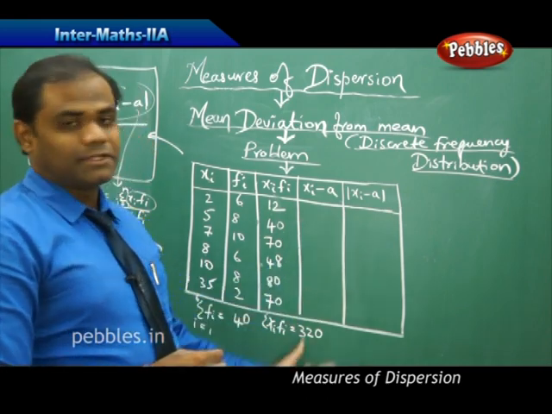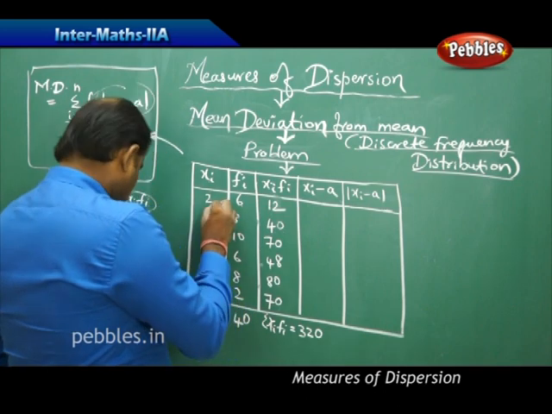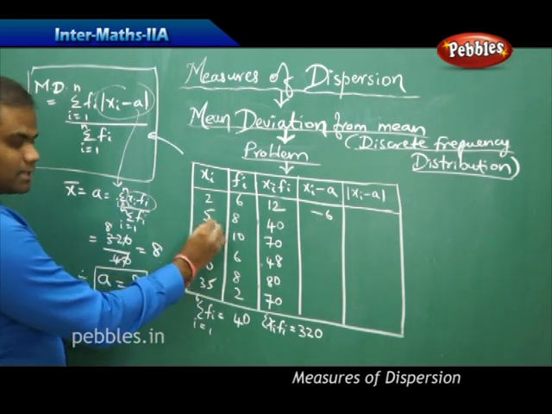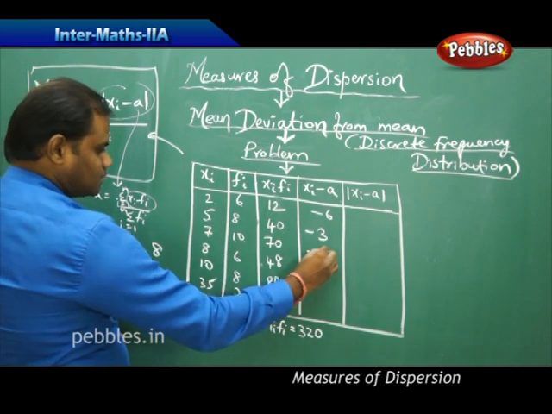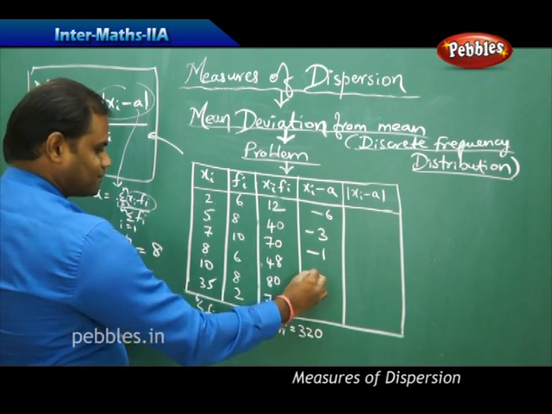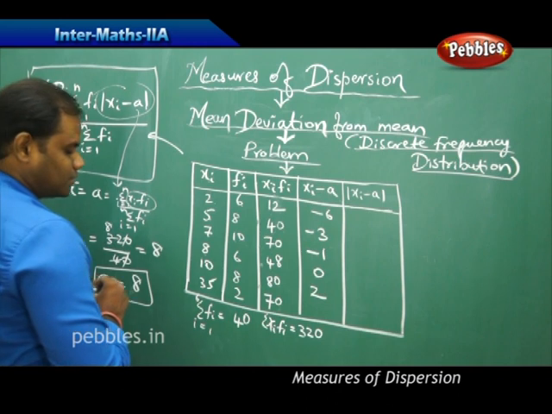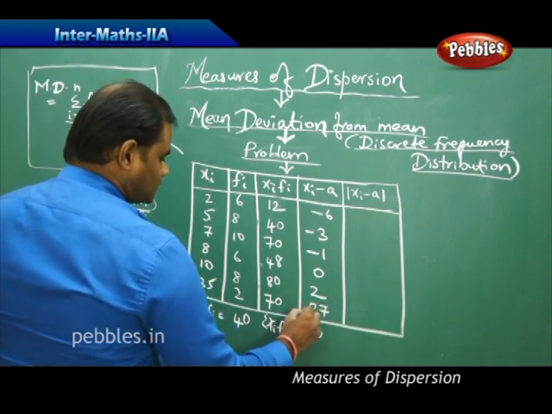So let's find the deviations xi minus a, that is 2 minus 8, which gives me minus 6, 5 minus 8 gives me minus 3, 7 minus 8 is minus 1, 8 minus 8 is 0, 10 minus 8 is 2, 35 minus 8 is 27.